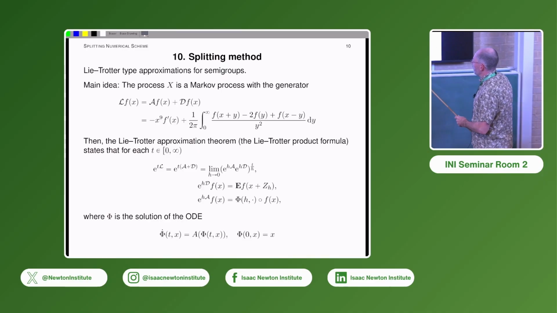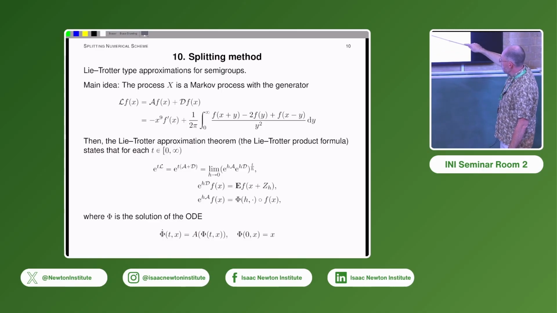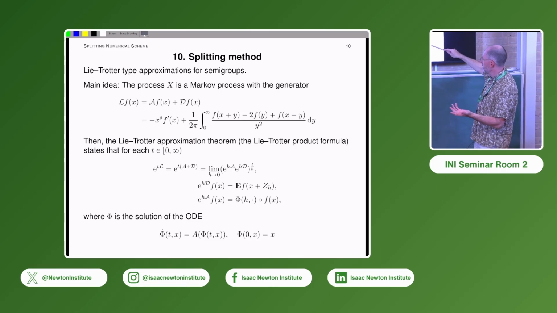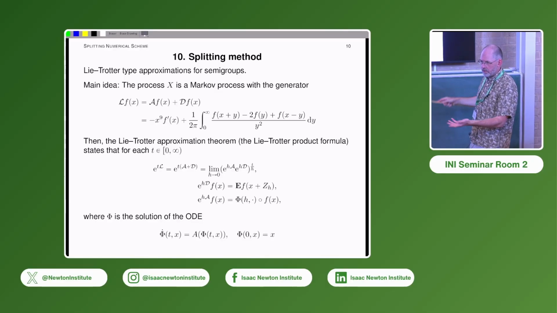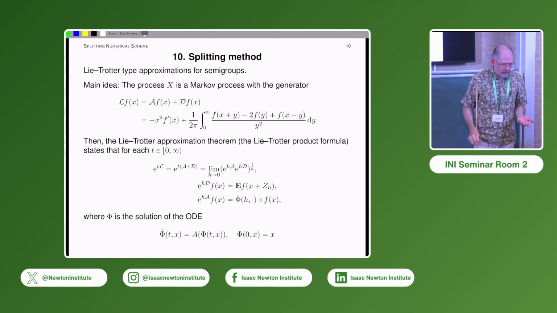What does it mean in our case? In our case, these operators are very easy. The first one, D, is just noise. This is the semigroup of the Lévy process: you take a test function f of x plus the noise increment, and the expected value. So this is the semigroup. The semigroup of the drift is even easier.